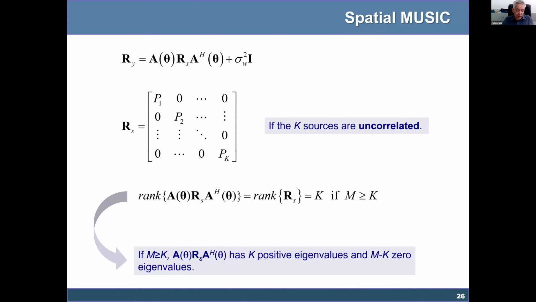And because the matrix is Hermitian, these K eigenvalues should be positive. So this matrix should have K positive eigenvalues and the other M minus K equal to 0. Why? Because it's a property of the matrices. The rank is equal to the number of non-zero eigenvalues.